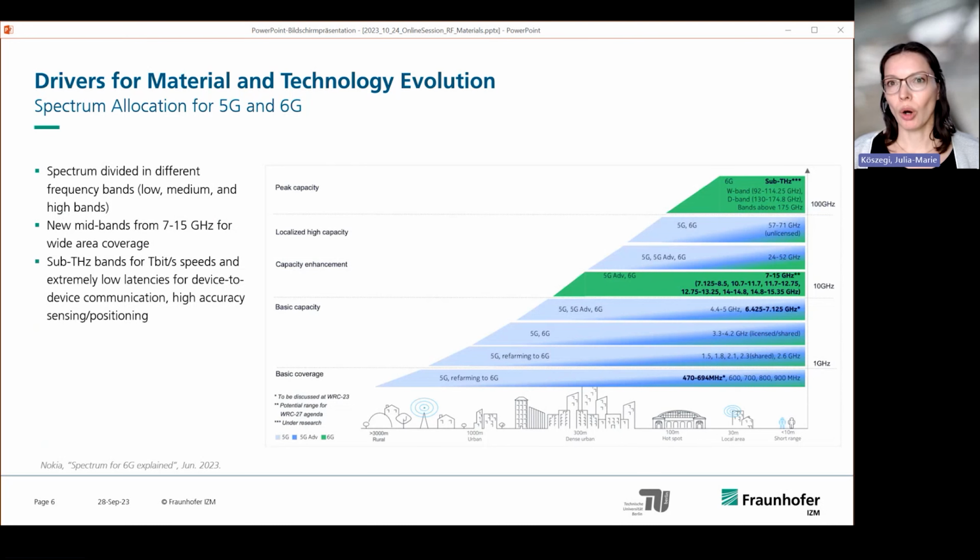So we're already starting to put 6G more or less in a more applied way and moving away from the very basic research. So what you've seen in the past is here in this figure: on the y-axis, you have a log scale of the frequency, so 1 gigahertz, 10 gigahertz, 100 gigahertz.